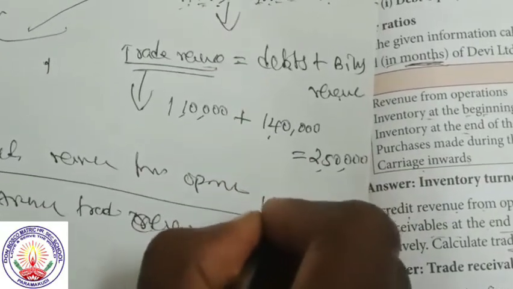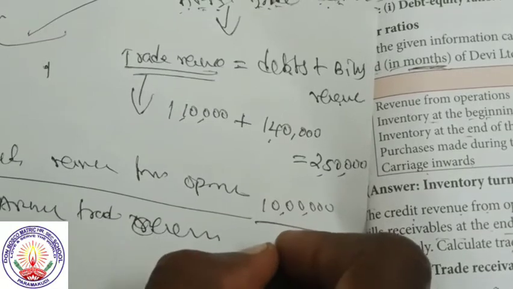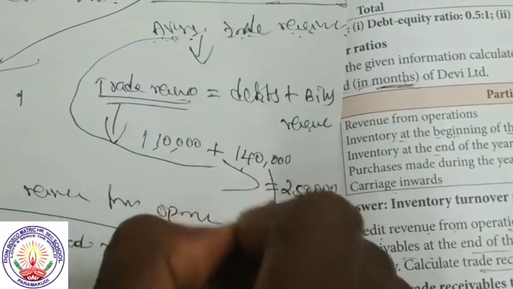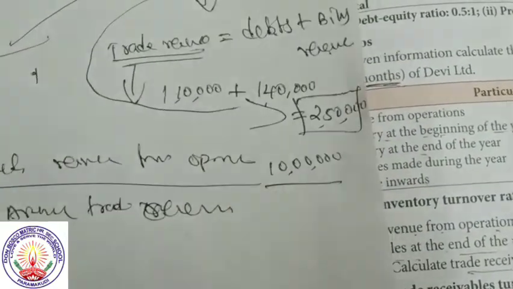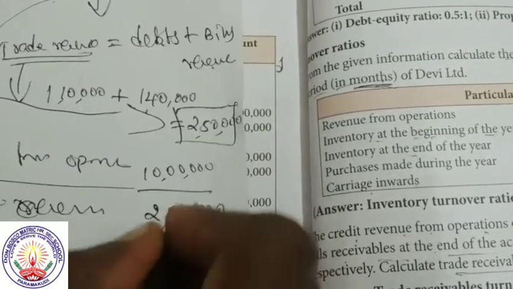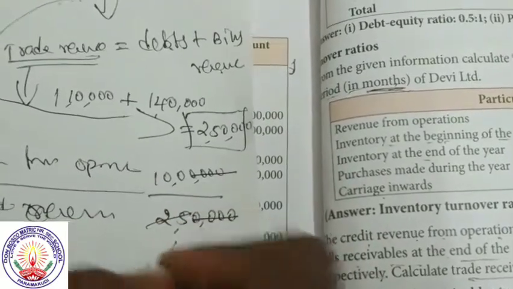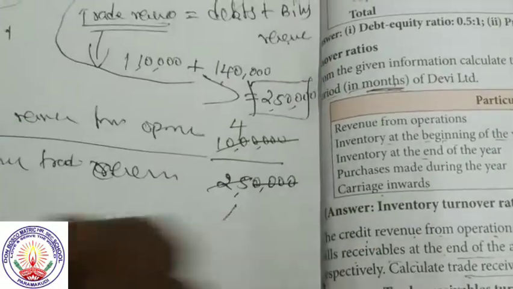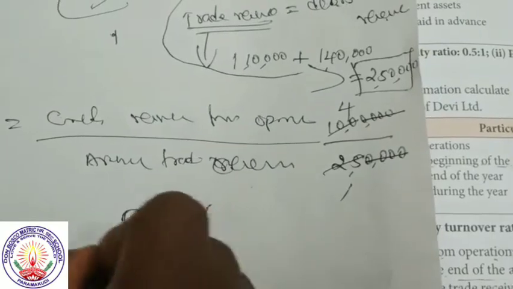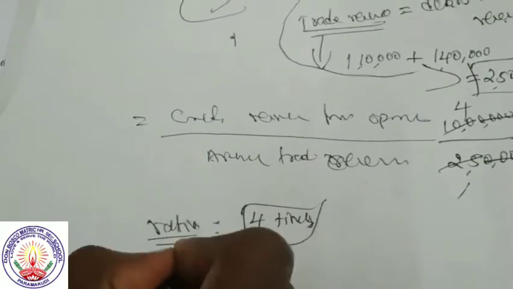Average trade receivable is 2,50,000. Now 10,00,000 divided by 2,50,000 is 4 times. The trade receivable ratio is 4 times.